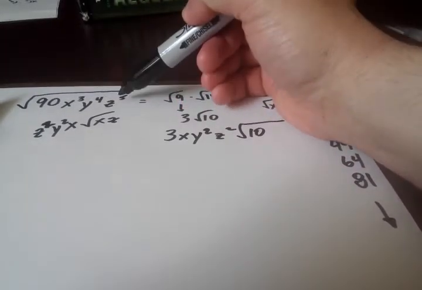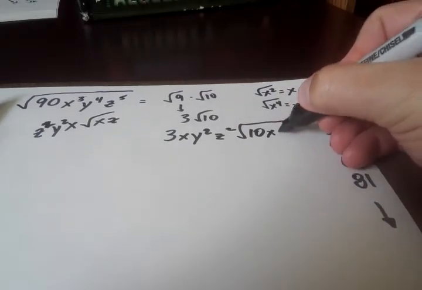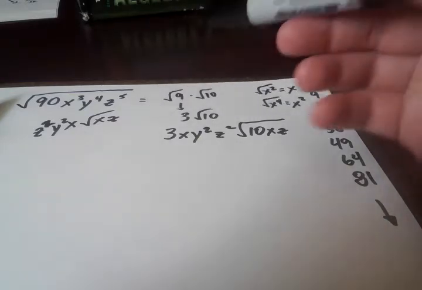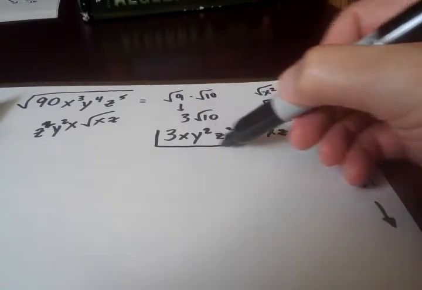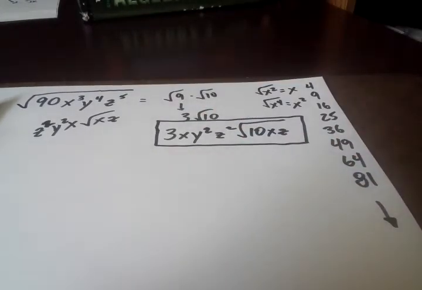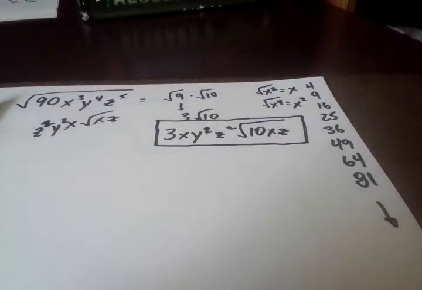Because x was odd and z was odd, right? We can only take them out in pairs, so an x has got to stay in there and a z has to stay in there. So this big giant thing is our answer here. Okay, that is our answer. That is the simplified version of this thing, right?